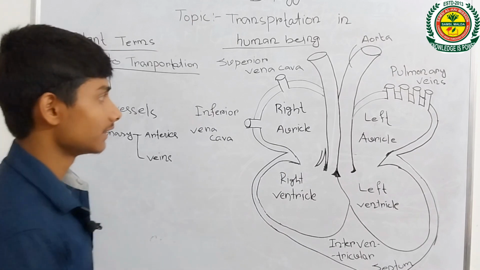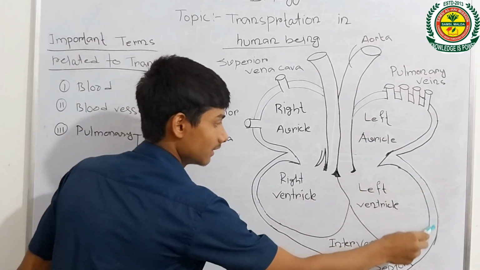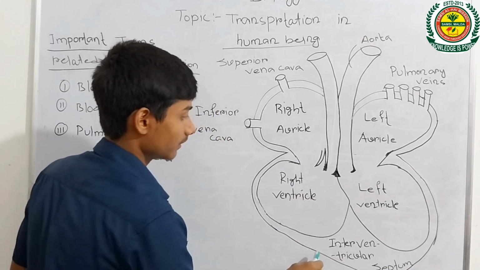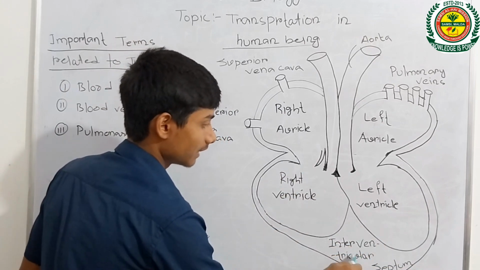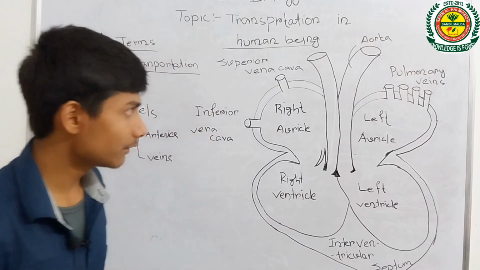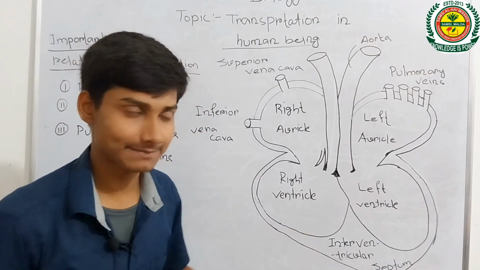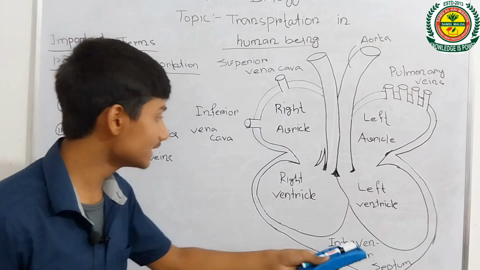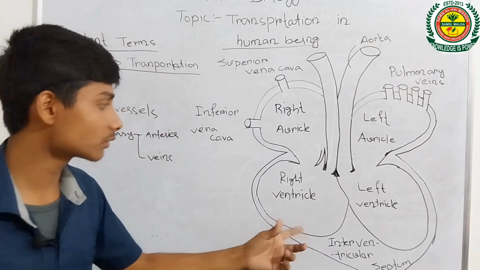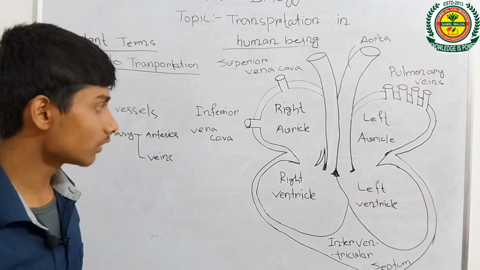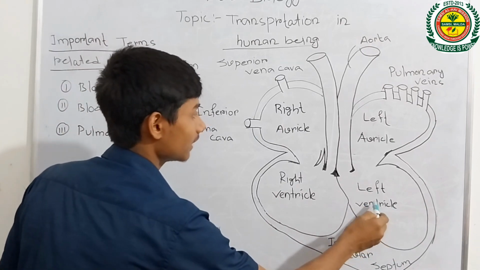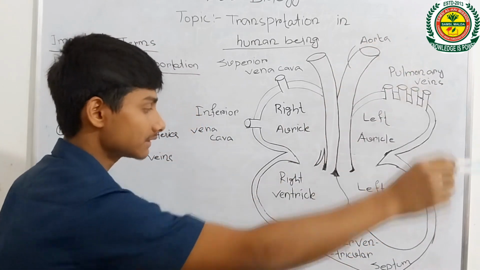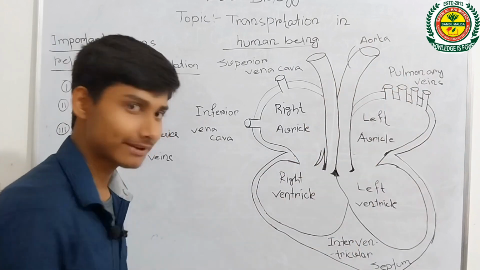Now we can see that the muscle present in the lower part of the heart, the interventricular septum, is thicker than the upper part. There should be a reason why this interventricular septum is thick. As I have said, the left ventricle contracts and sends oxygenated blood to different parts of the body.